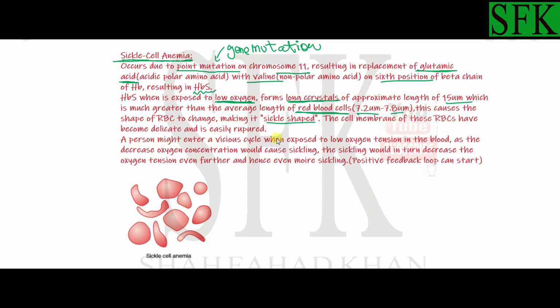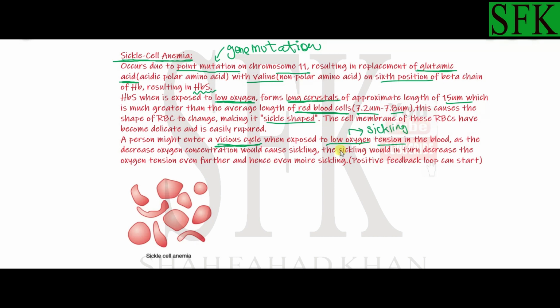A person might enter a vicious cycle as well. Basically, a positive feedback loop might begin if he is exposed to low oxygen tension in the blood. Why? Because low oxygen tension will cause the sickling to increase. It will cause the HbS to form long crystals, and once the long crystals are formed, these sickle shaped red blood cells will not be as efficient in transporting oxygen.